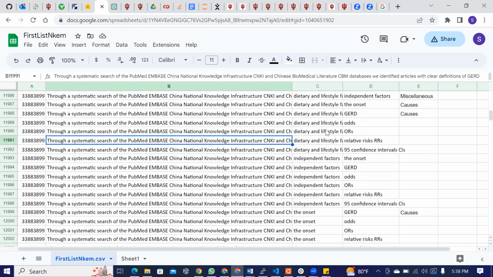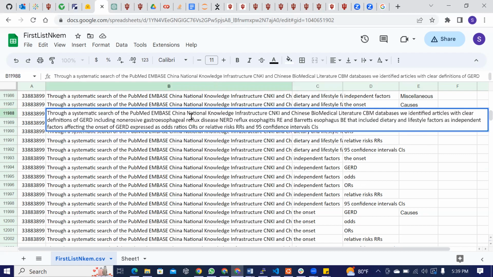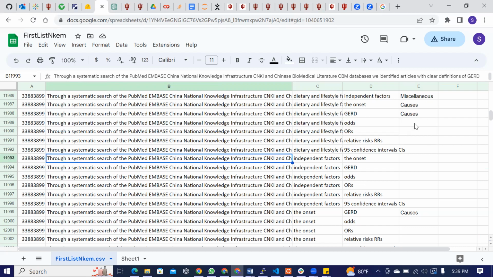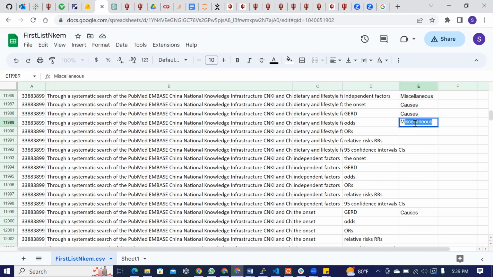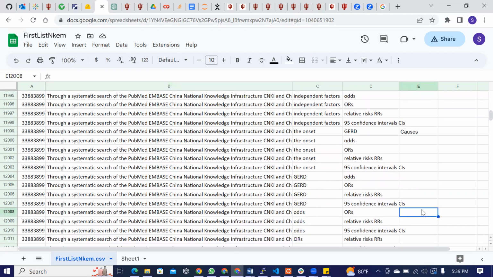We can say dietary lifestyle and foods. Now when you say odds and OR, this is expression, this is a miscellaneous relationship, but not necessarily. Odds and OR are miscellaneous together too, because they are the same thing.